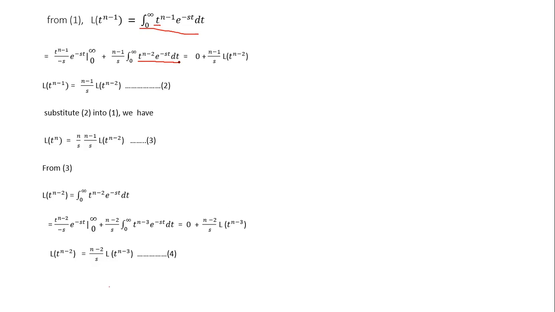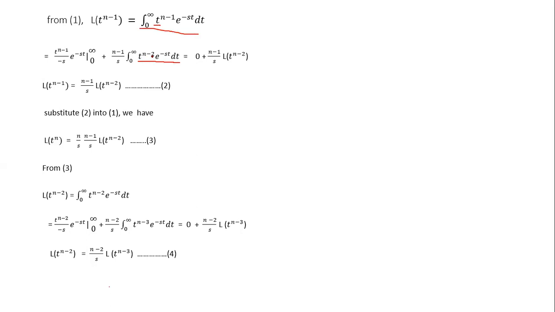When we evaluate, this portion gives us 0. The whole of this portion will give us 0. When we come here, we can also transform this one as n minus 1 over s, Laplace of t power n minus 2.